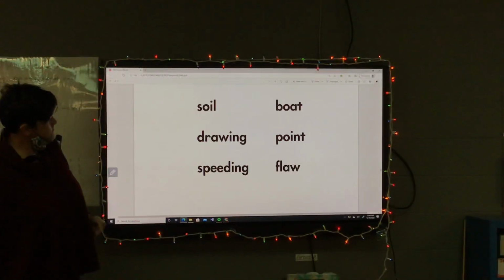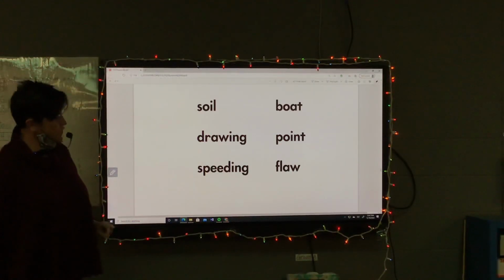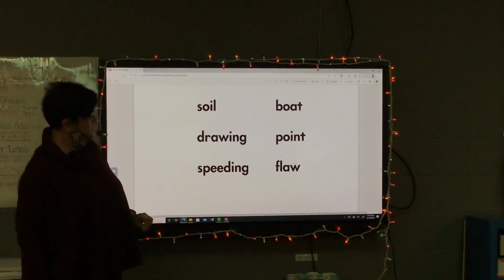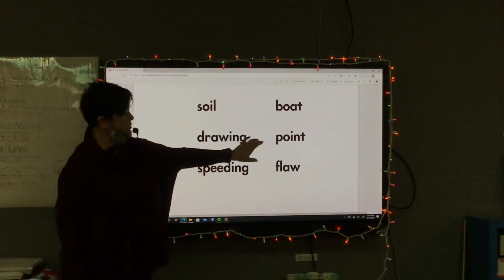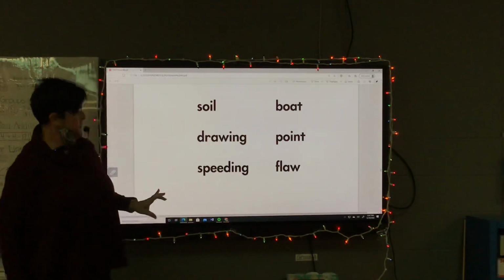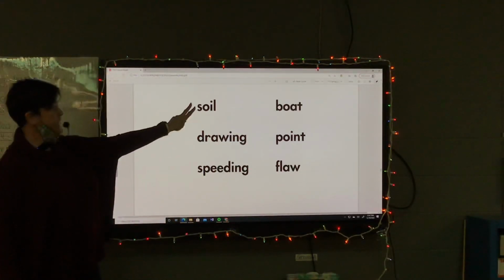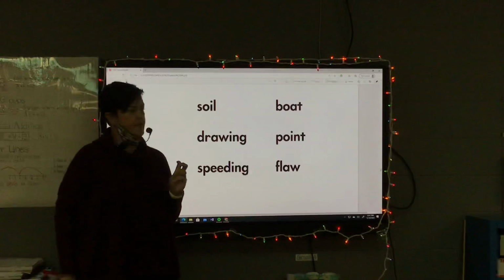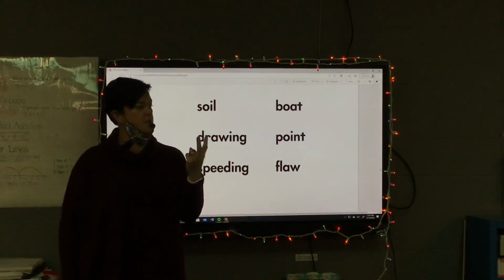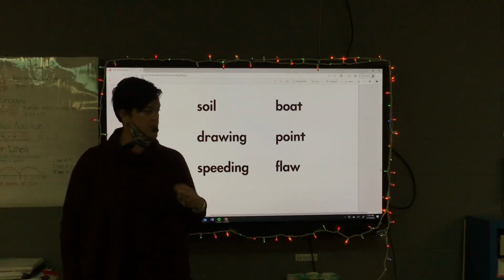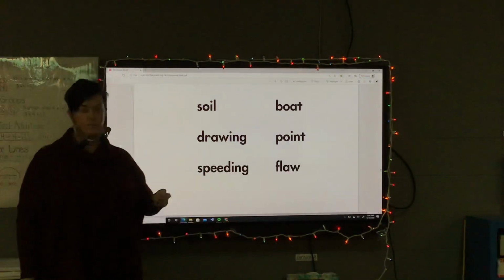Soil, drawing. Several of them do. These two do not, but those do. You are correct. Vowel pair. Pair means how many? Two. So if it's a vowel pair, how many vowels together? Two.